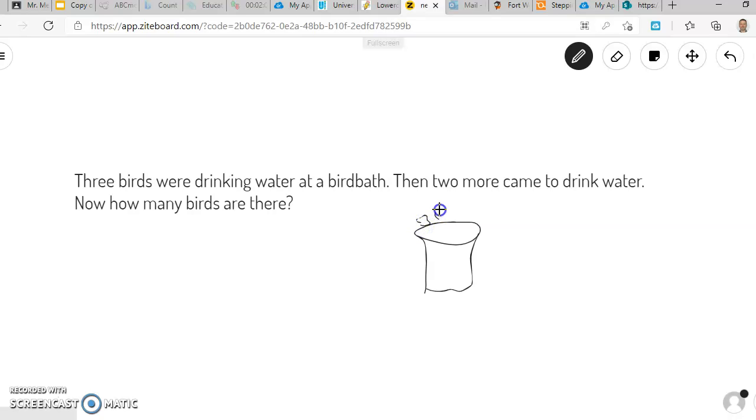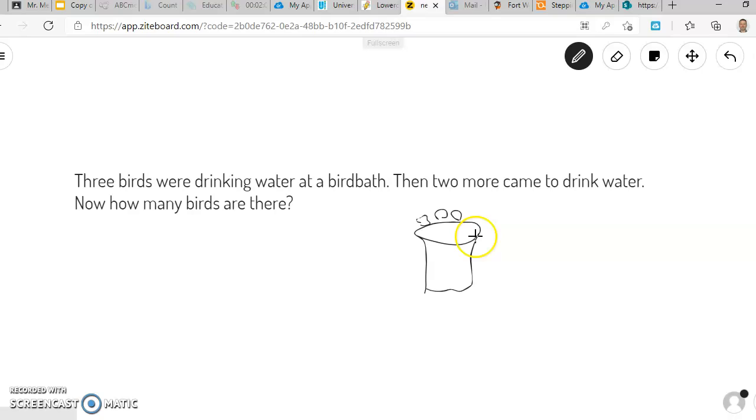Okay, 1, 2, and 3. And then it says, then 2 more came to drink water. Now, these words right here, 2 more. This kind of gives me a clue of whether this is addition or subtraction. 2 more, it sounds like you're adding, doesn't it?